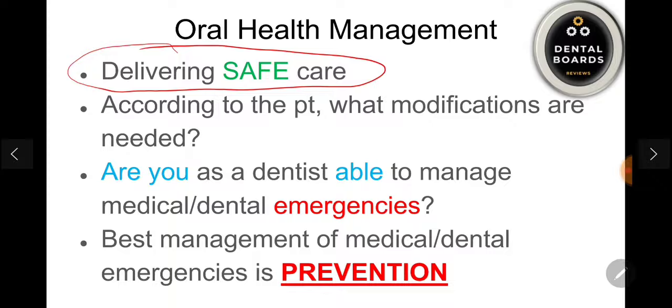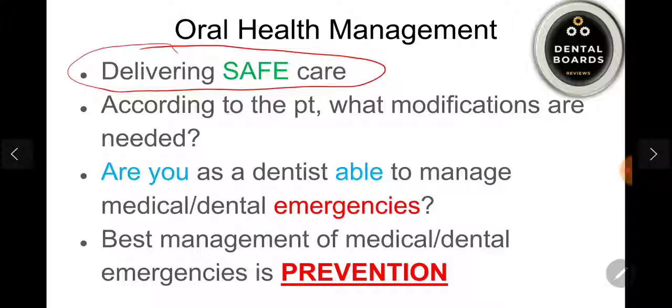So, according to the patient, the oral health management emphasizes any modifications that you're going to make for the patient. It also emphasizes the question of whether you are able to manage medical or dental emergencies if they happen.